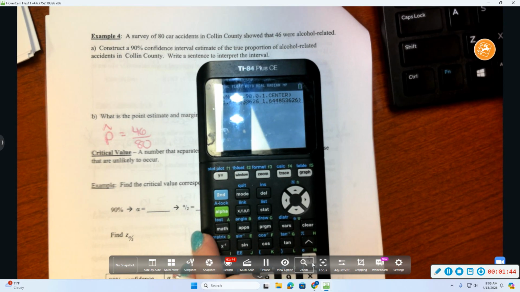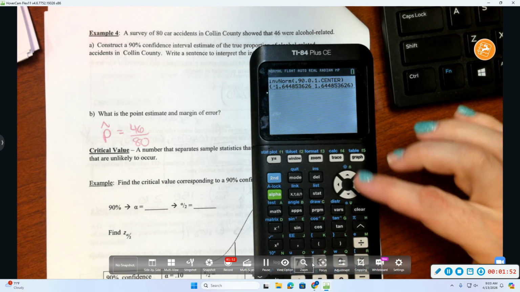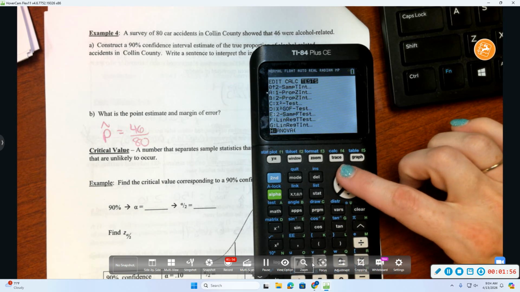All right, so looking at my calculator, constructing my confidence interval. Let's see how I can make the calculator look a little better. There we go, better. Now we're going to go to stat, over to test.